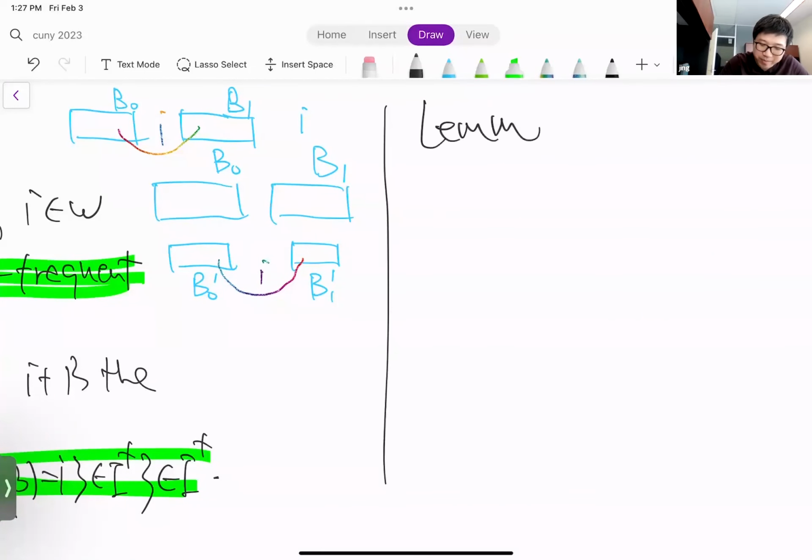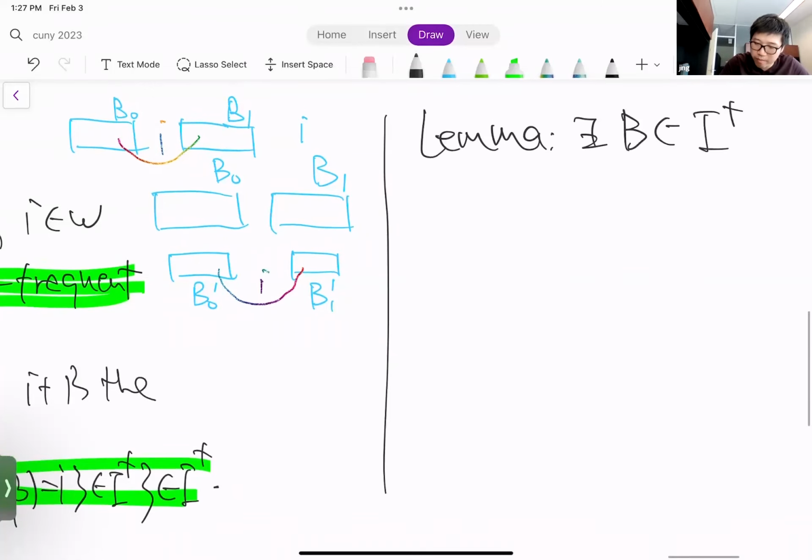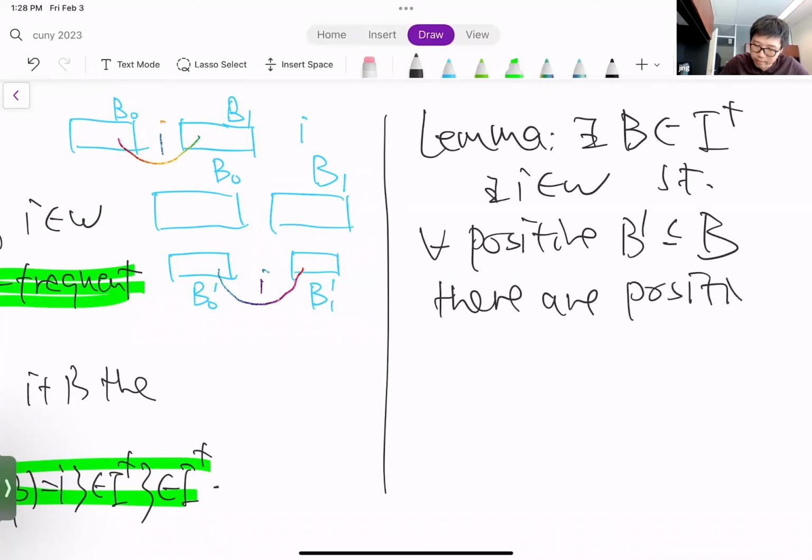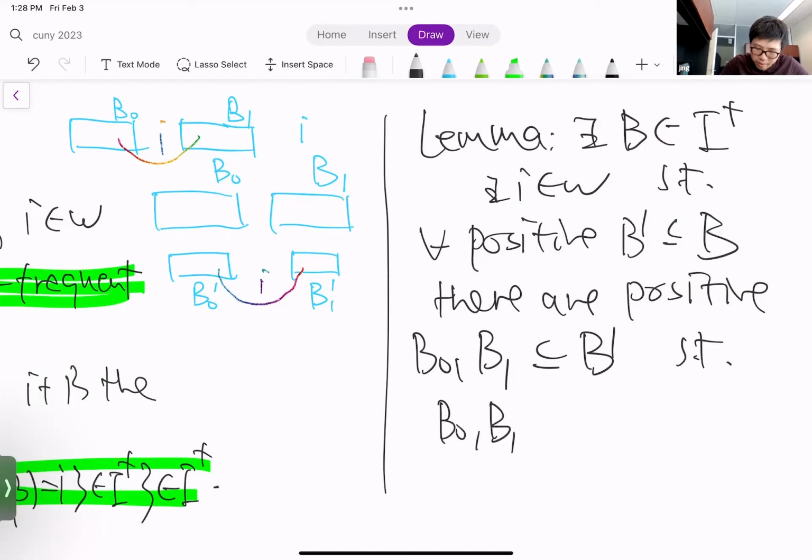The lemma is that there exists B, a positive set, and I, a popular color, such that for any positive B prime subset of B, there are positive B0, B1 subset of B prime such that B0, B1 is I frequent.